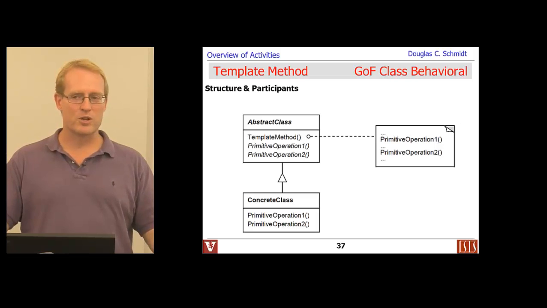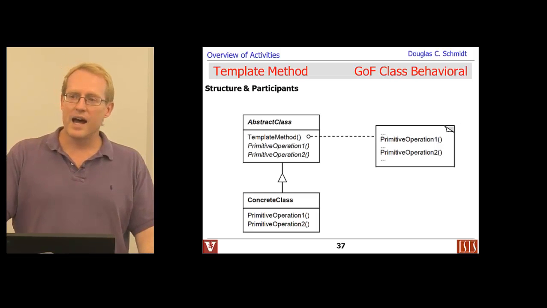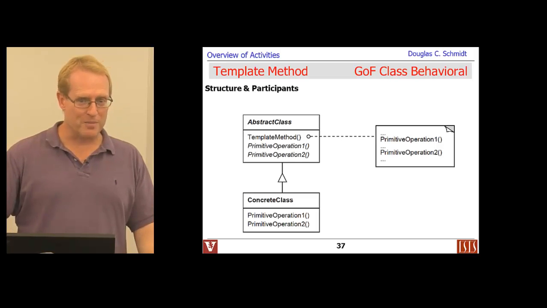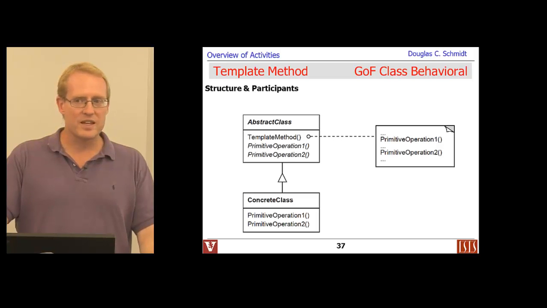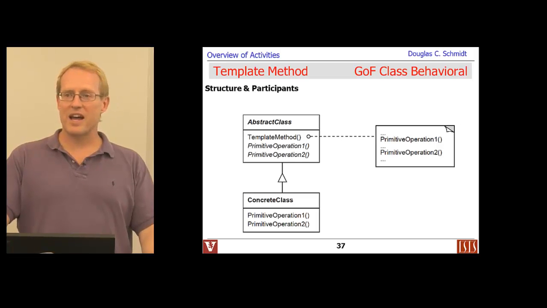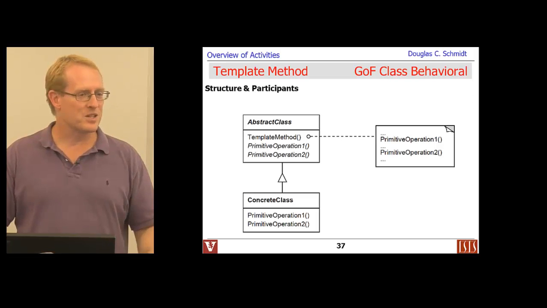Hook methods is a bit more descriptive than primitive method, because the primitive methods could actually be very complicated for that matter. But the hook methods or primitive methods are the things that are perhaps not actually defined in the base class at all, but instead they're intended to be customized and overridden in the subclass.